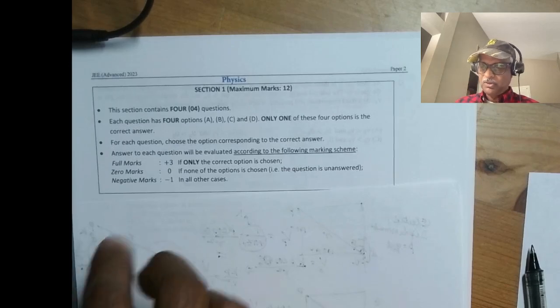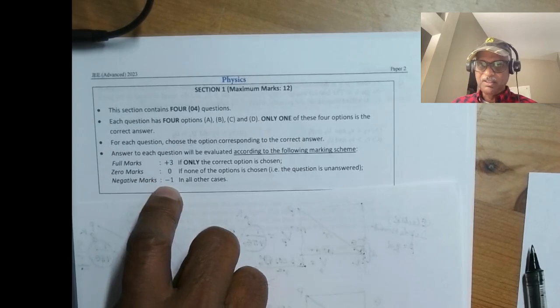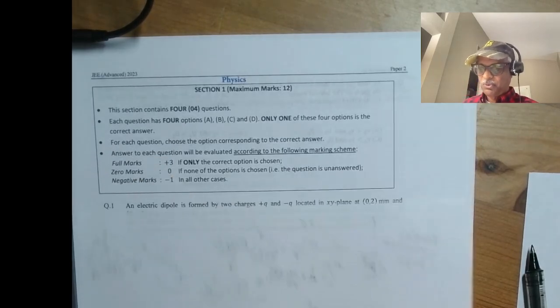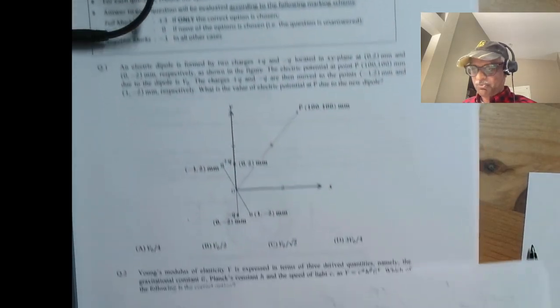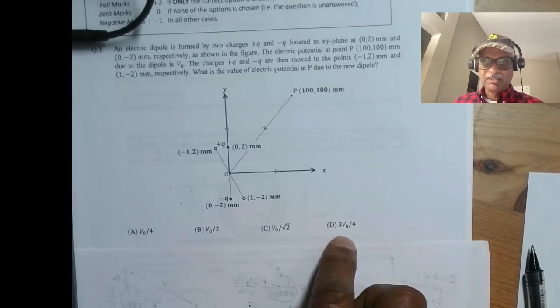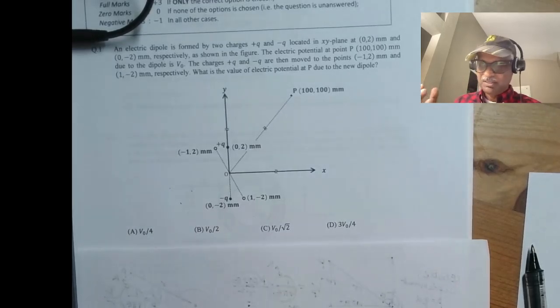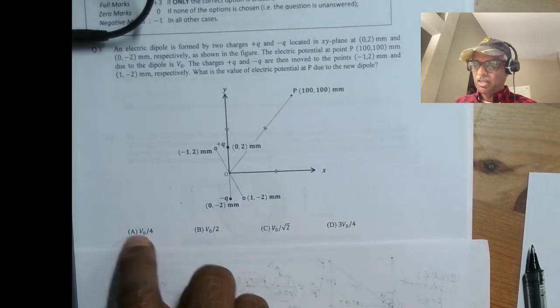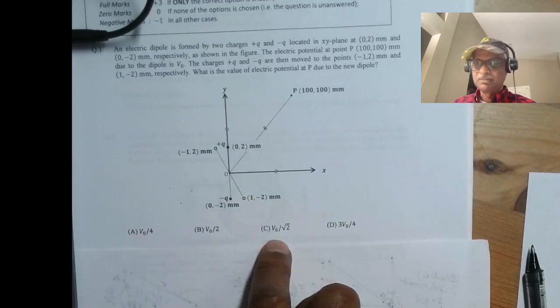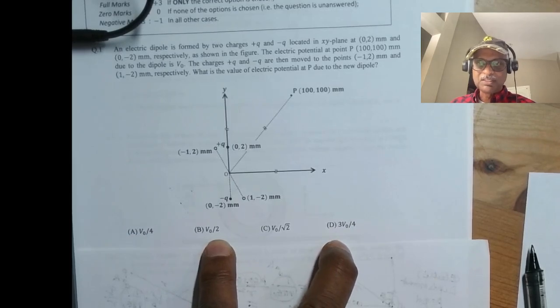Now the negative marking is very fair here, because there are 4 choices. Like for this problem we have 4 choices here, and one of these choices is correct. Now we don't know which one is correct. Suppose for some reason, some argument or physical sense you have, you ruled out A and C, then the answer has to be B or D, but you don't know which one is correct.